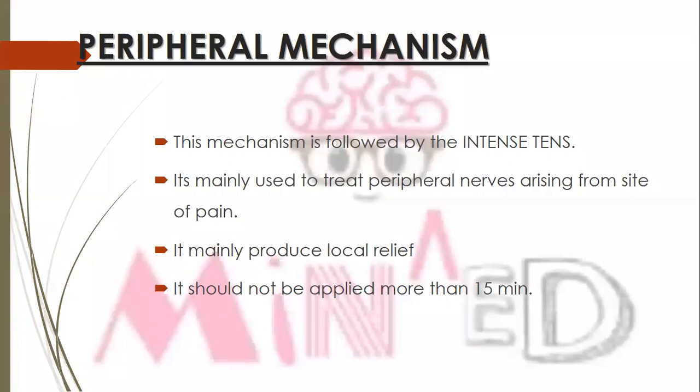The TENS induced activity in the A beta afferents leads to the inhibition of the SG and T cell by the release of GABA, that is gamma amino butyric acid. Okay, GABA, and the paresthesia which TENS generates is by the information traveling to the brain via the dorsal column.